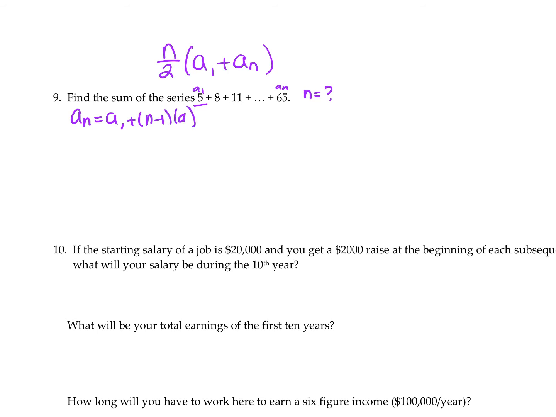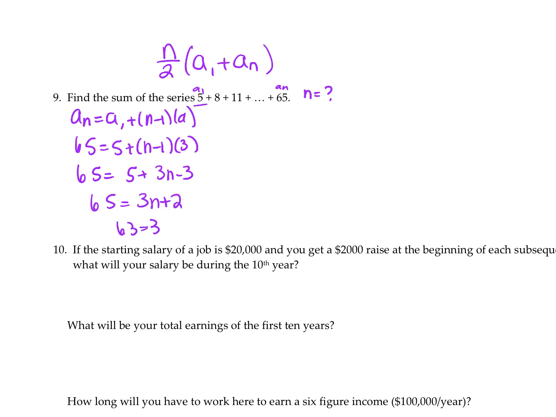So an is 65, a1 is 5, d is 3, and so n would be 21. So I'm going to have 21 over 2, and then 5 plus 65.